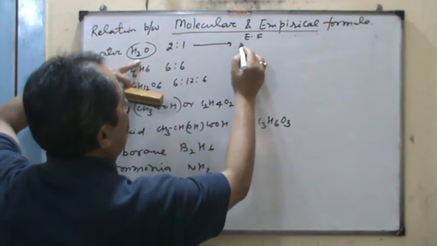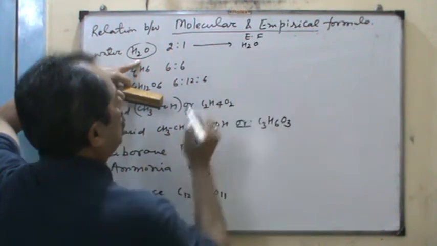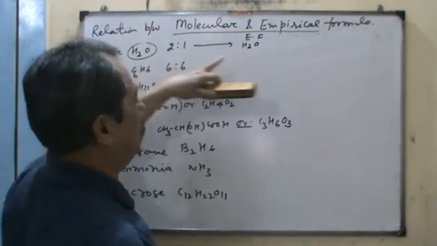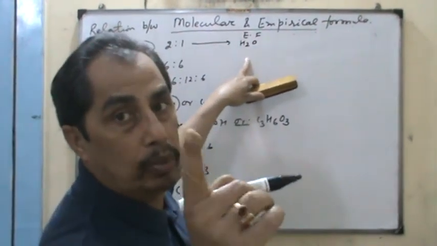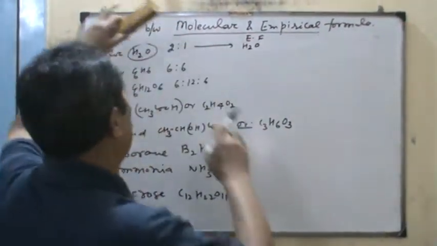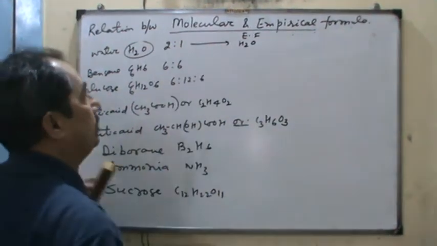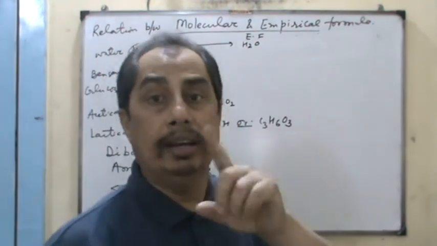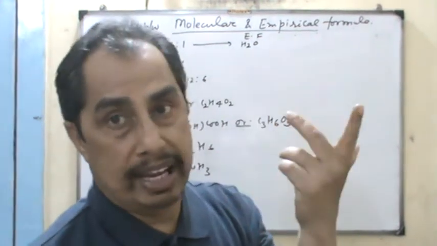So it is the same formula. This is H2O, because we cannot get a simpler ratio than 1. 1 is the last. If you don't get any figure to cut to form the simplest ratio, then you apply 1. If you take 1, then molecular will be the same as the empirical formula.